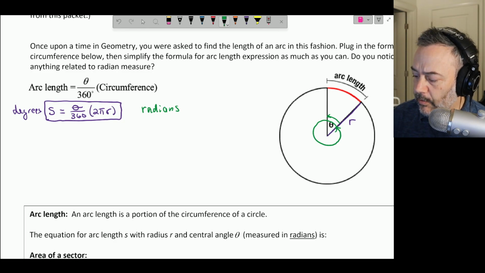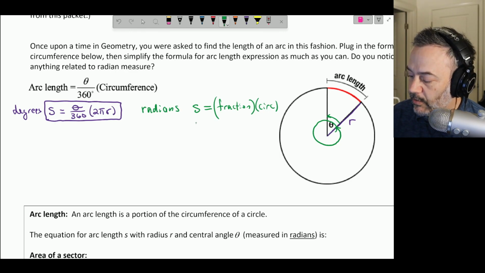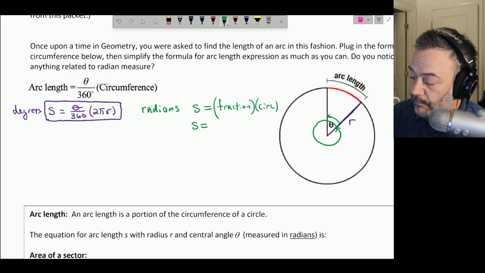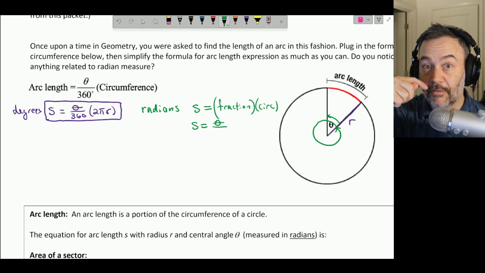We have arc length is equal to a fraction times the circumference. So what would that be? The arc length is theta over, now instead of 360, since we're in radians, it's theta out of 2 pi.